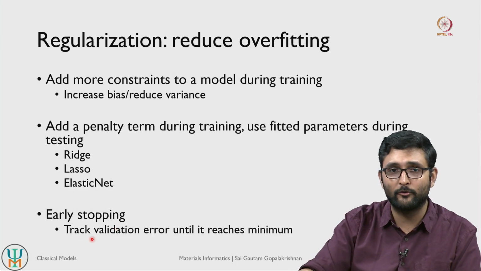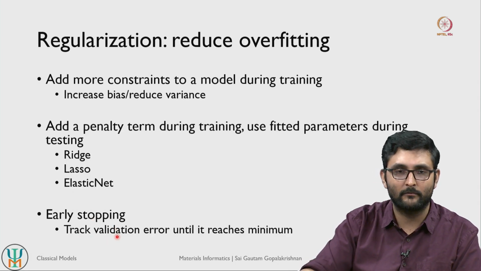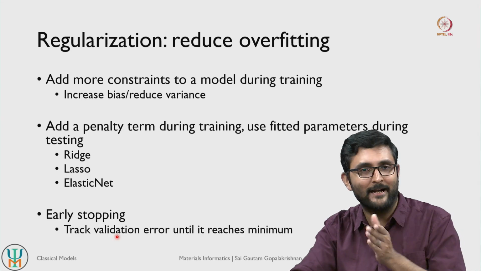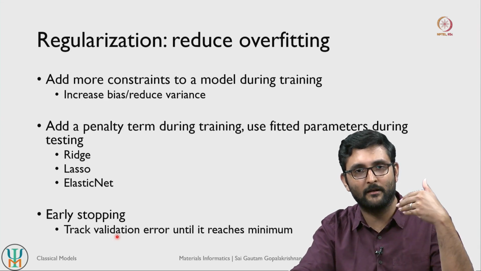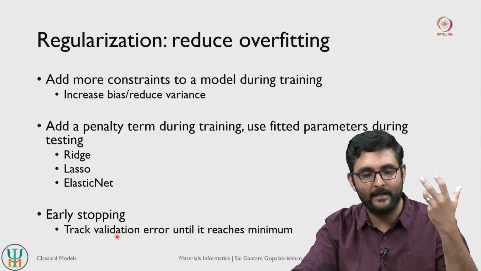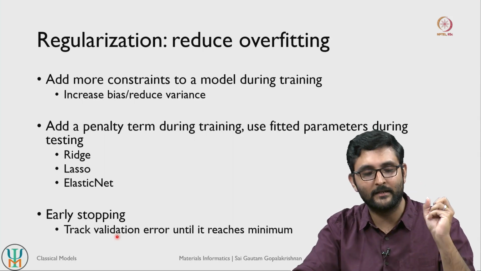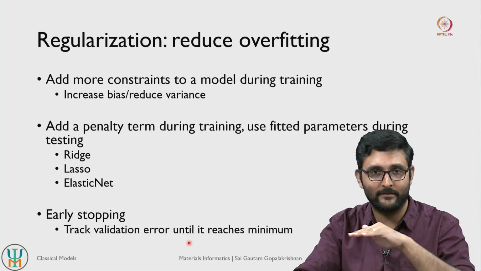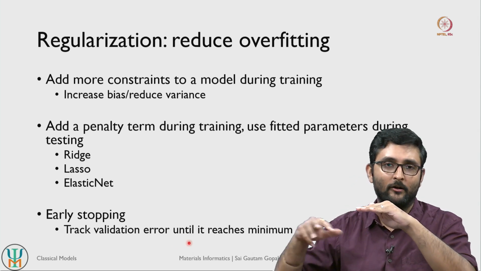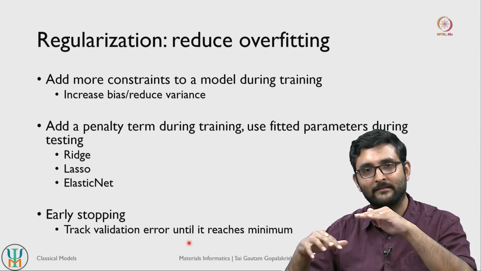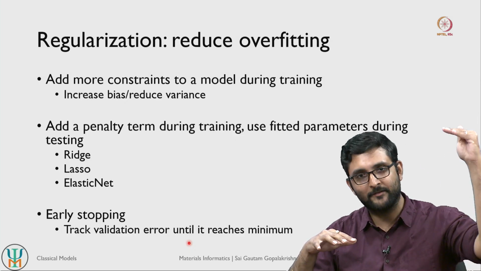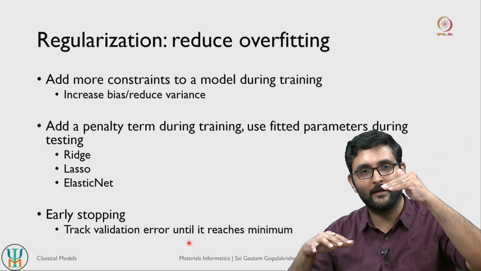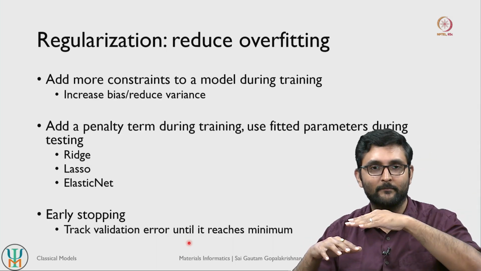So basically what you do here in early stopping is you keep tracking the error on a validation set within your training set itself. You create a separate validation set, and you keep tracking the validation errors of your model until it reaches a minimum, right. So you keep varying the weights and biases of your model and keep checking your validation error or validation loss until it reaches a minimum, right.